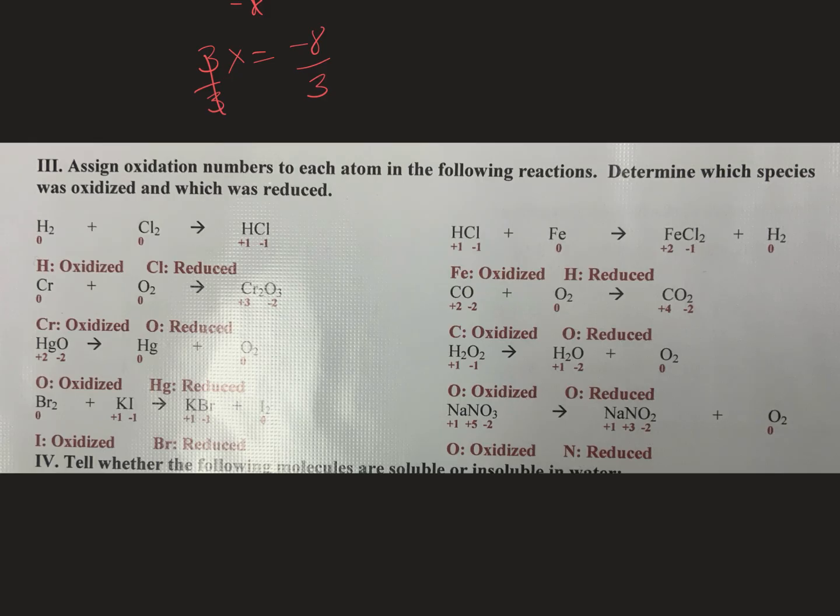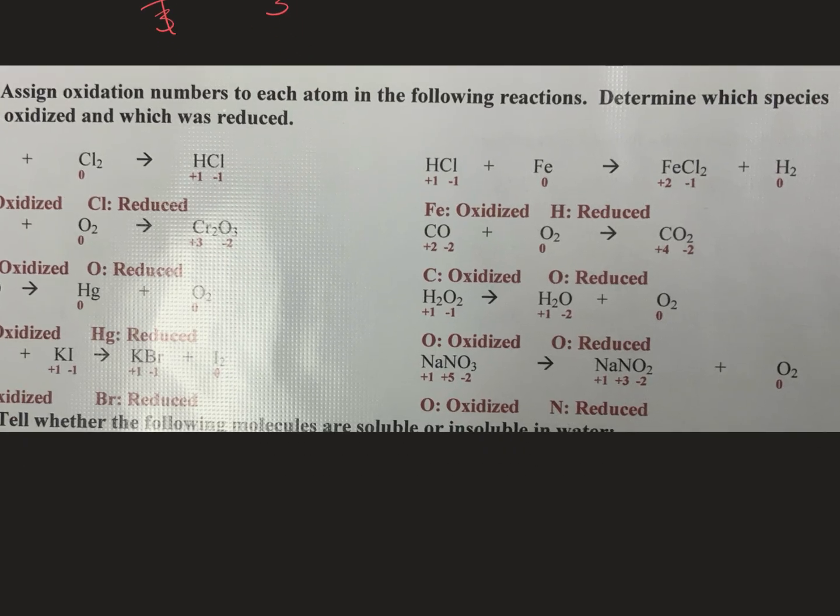Can you do one that I was having a hard time with? Which one? H2O2 goes to H2O plus O2. Yeah, so let's go ahead and start this. These are all covalent compounds.